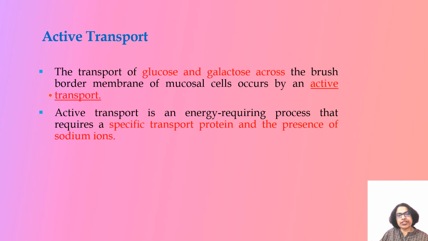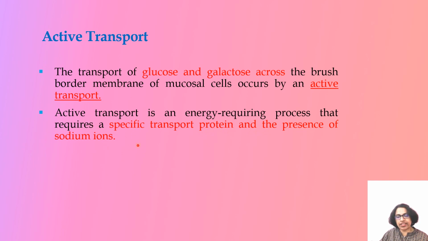Then active transportation. The transport of glucose and galactose across the brush border membrane of mucosal cells occurs by active transport. Active transport is an energy requiring process that requires a specific transport protein and the presence of sodium ions.